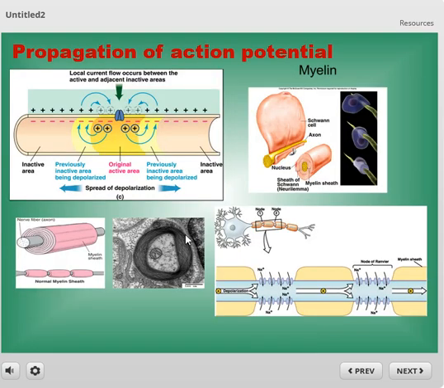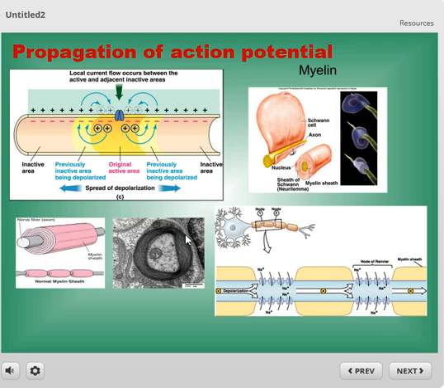The propagation of action potentials is a fundamental process in the functioning of neurons, and it is essential for the transmission of signals throughout the nervous system. As you see, the action potential propagates along the axon through a process called continuous conduction and saltatory conduction.